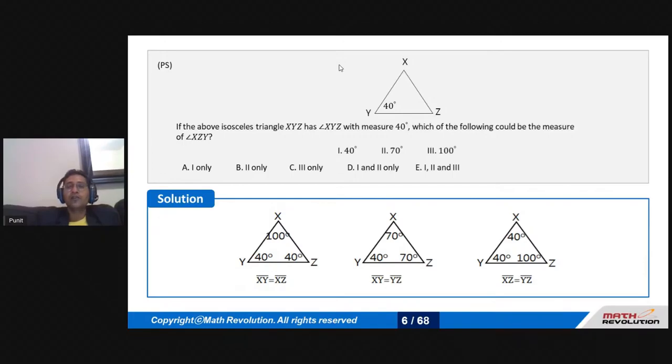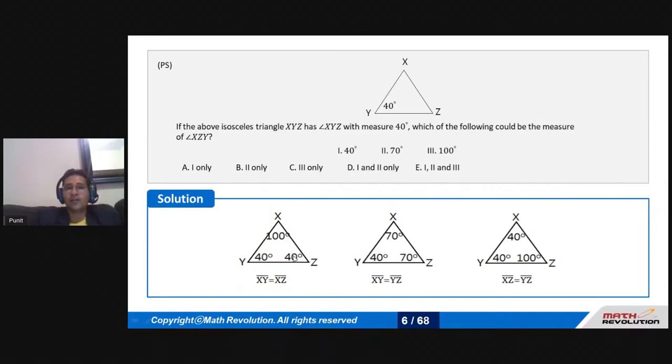Now let's talk about the case where angle X and angle Z are equal. So if that is the case, then 40 degrees subtracted from 180 gets me a sum of 140. Now this 140 will be divided by 2 to get me angles of 70 and 70 each. And if that is done, then this would be XY equals YZ. So I have three possibilities in which I have got three sides.